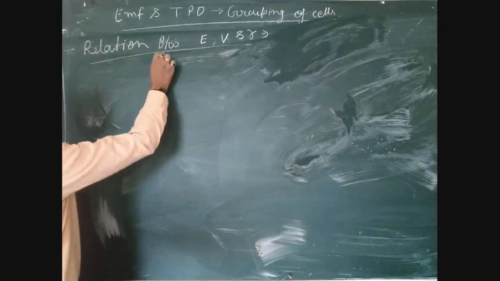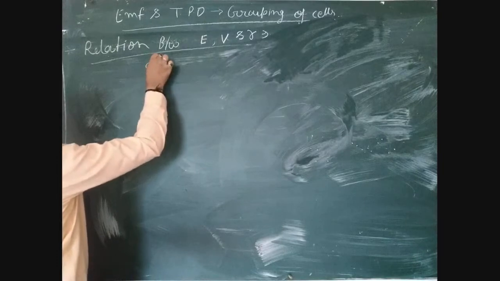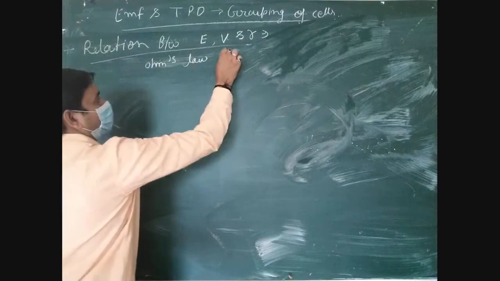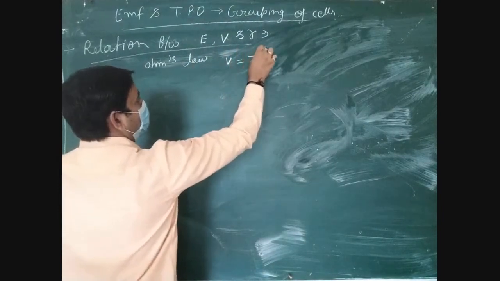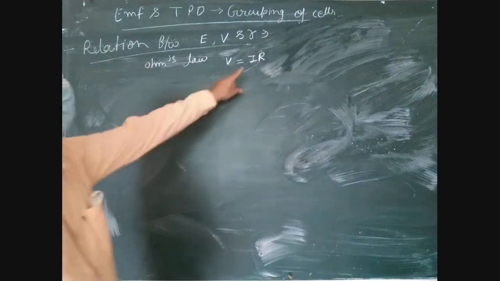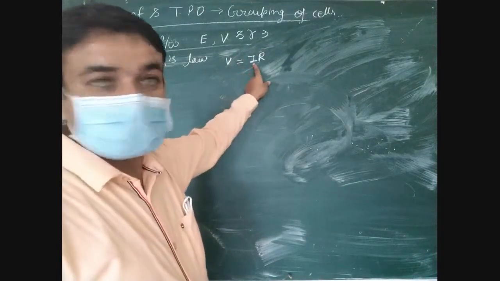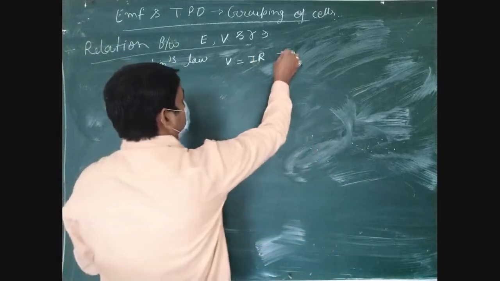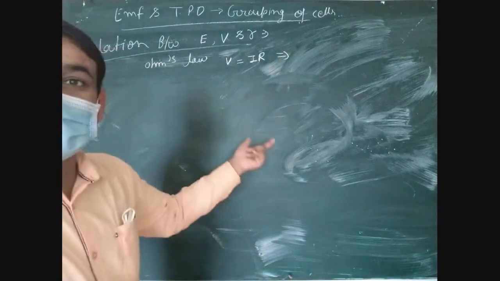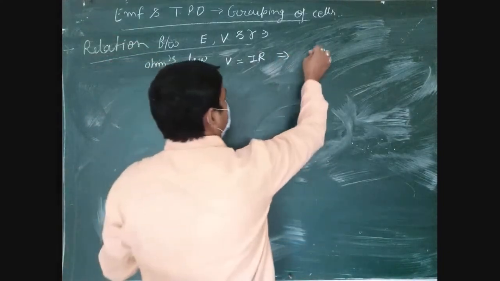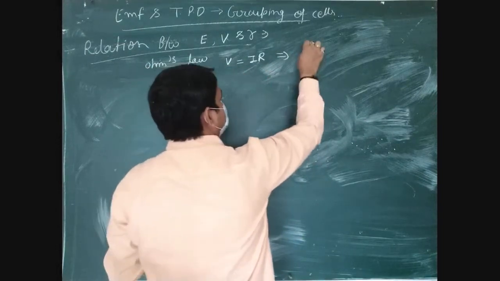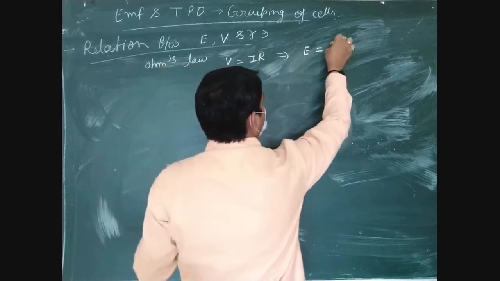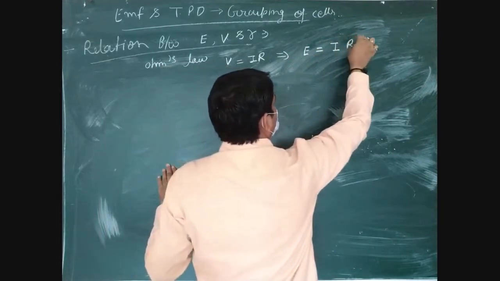As you know, according to Ohm's law, V is equal to IR, where I is the current drawn by the circuit, because the current is provided by the battery or cell. So in place of this potential difference we use the EMF of the cell, E upon R equivalent.